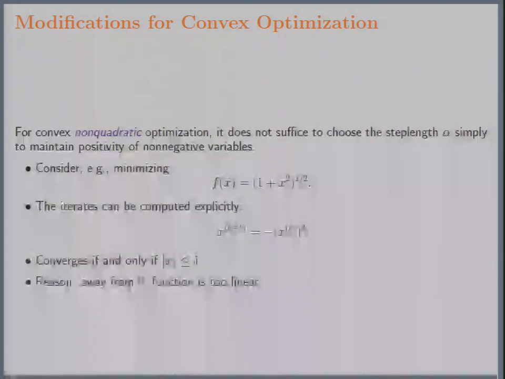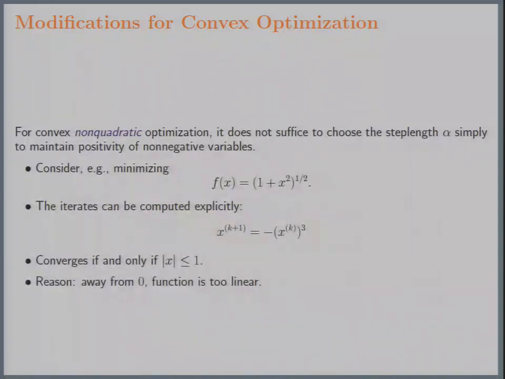So if we're in that situation, that's the convex situation, that's almost as good as linear programming, but it's not quite as simple. There's at least one other subtlety that I have to mention. Actually, quadratic is still okay, but you have to go non-quadratic, but still convex, before this subtlety appears.